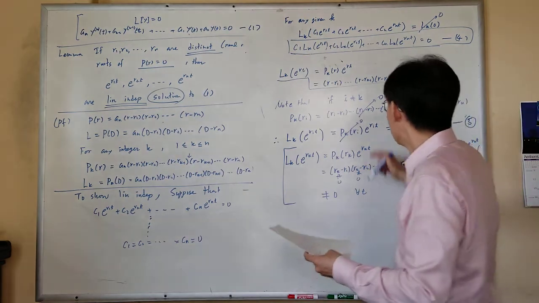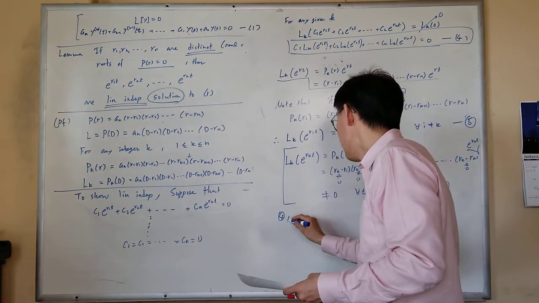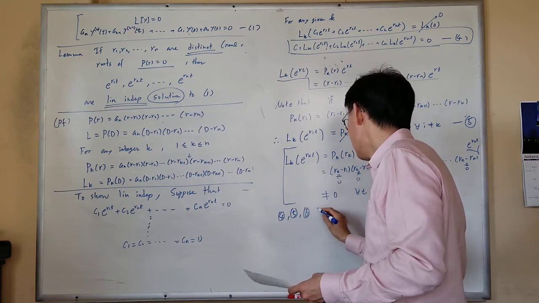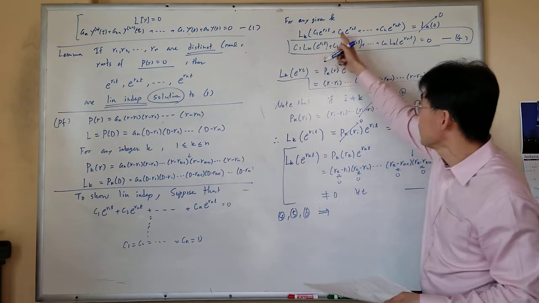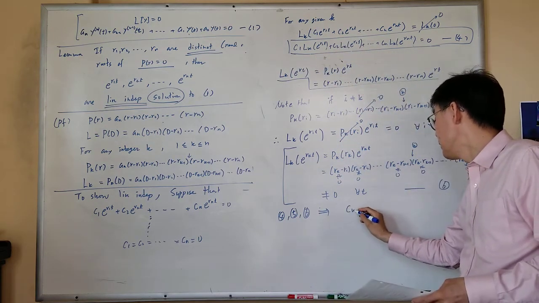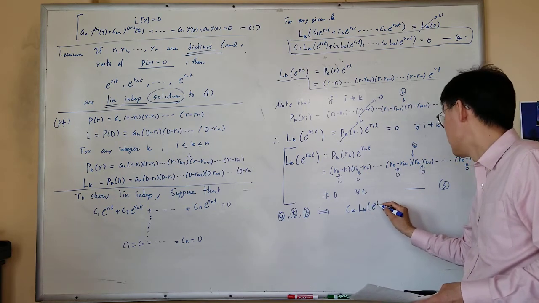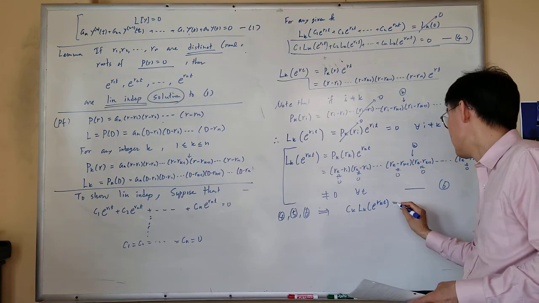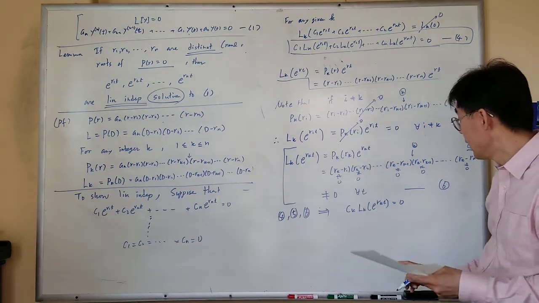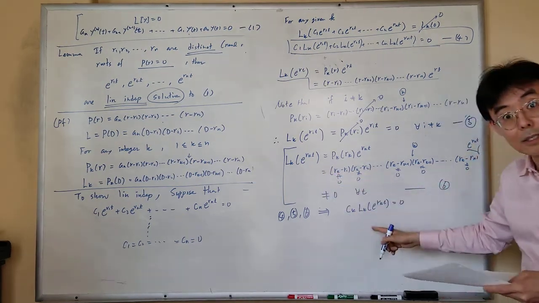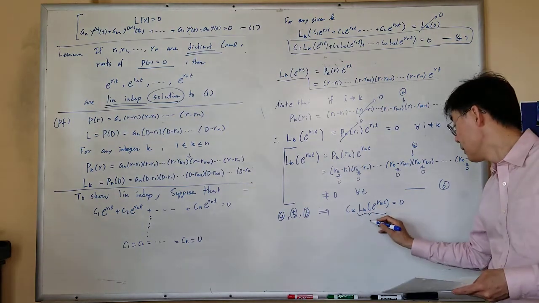So, by combining 4, 5, and 6, everything will be 0 except this term. And then we found that from here, this is not 0.